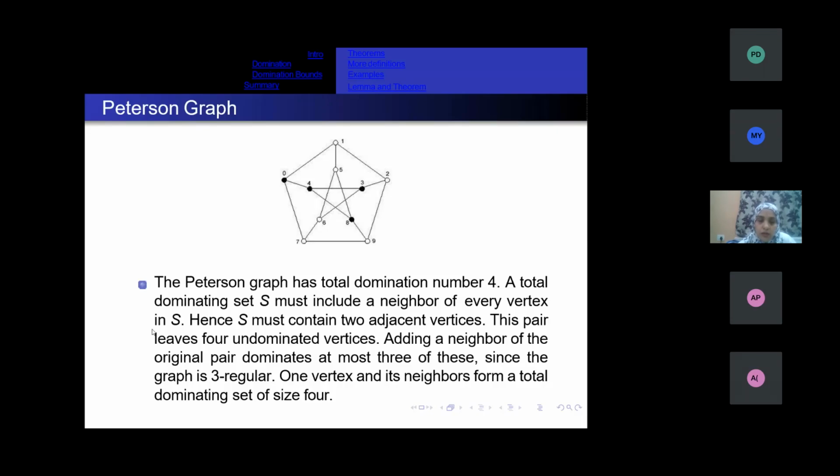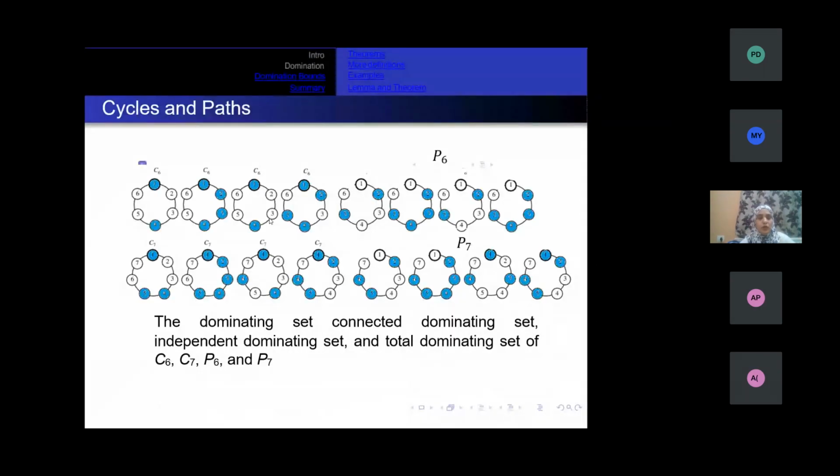Then we have to look into the criteria of whether they are connected, whether they are total, or whether they are independent dominating sets. So now, moving on again to the cycle and path graph. Here also we can easily find the parameters: connected dominating, independent dominating, and total dominating set.